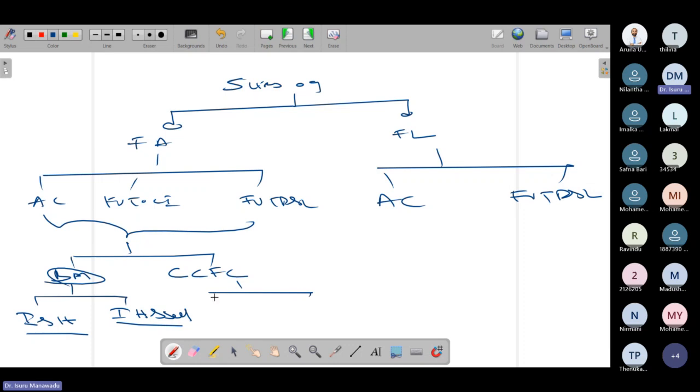Contractual cash flow characteristics, in the sense, we have to have interest and principal payment. Interest and principal based on principal amount outstanding.